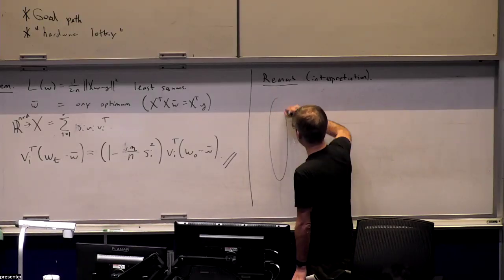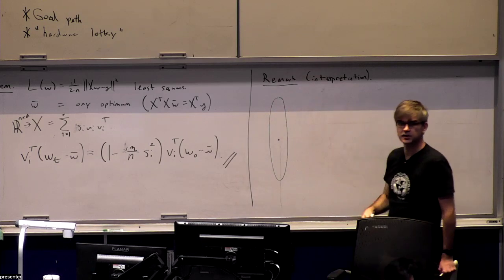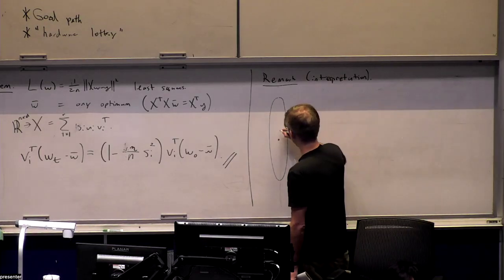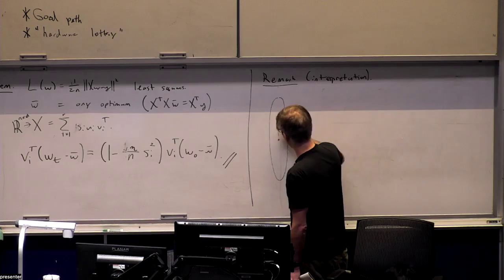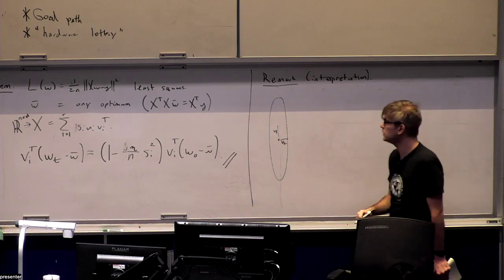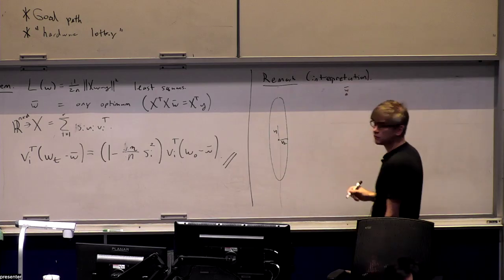So if this is what the covariance of the data looks like, I'm drawing sort of the first ellipse of the distribution. Here's the first eigenvector direction, here's the second eigenvector direction. And let's say the optimum W bar is over here.